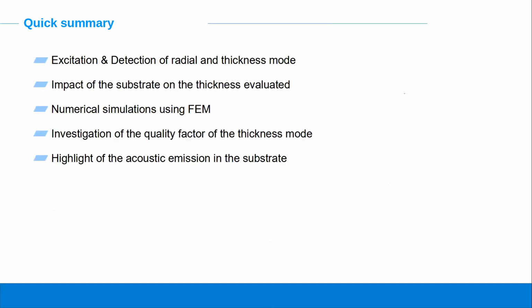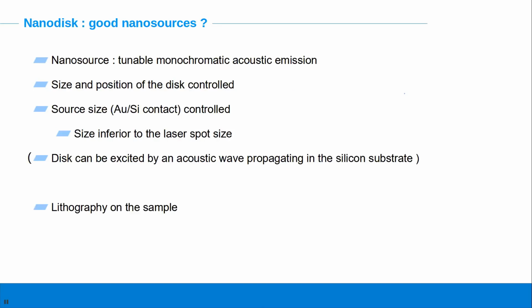And so basically what we have done here is we have investigated both the radial and thickness modes of gold nanodisks, and we have looked more particularly at the impact of the substrate on both of these categories of modes, both experimentally and numerically. And by investigating the quality factor of the thickness mode, we have shown acoustic emission in the substrate by the disk. And so I kind of repeat myself, but we have a nano-source with tunable monochromatic acoustic emission.